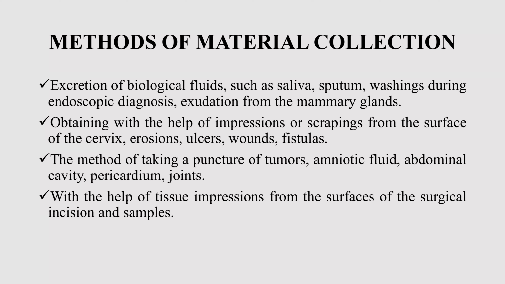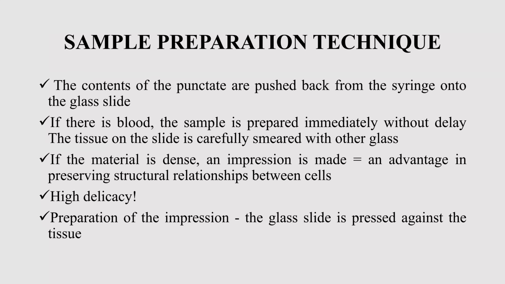We take a syringe, make a puncture, and take a small amount of cells and tissue, and spread this punctate on glass, trying to make it very tender, very delicate, to preserve the connections and structural relationships between cells.